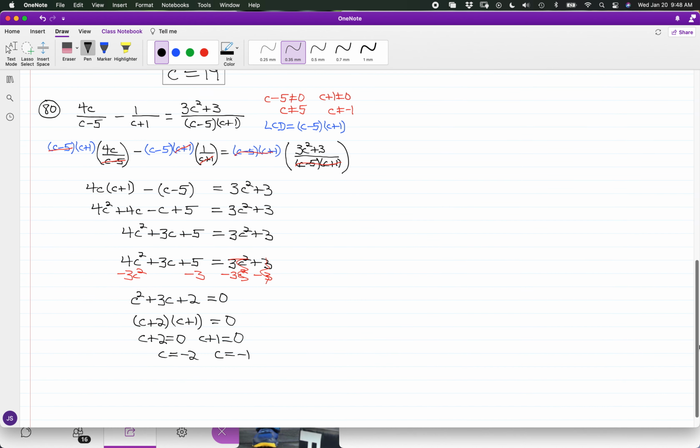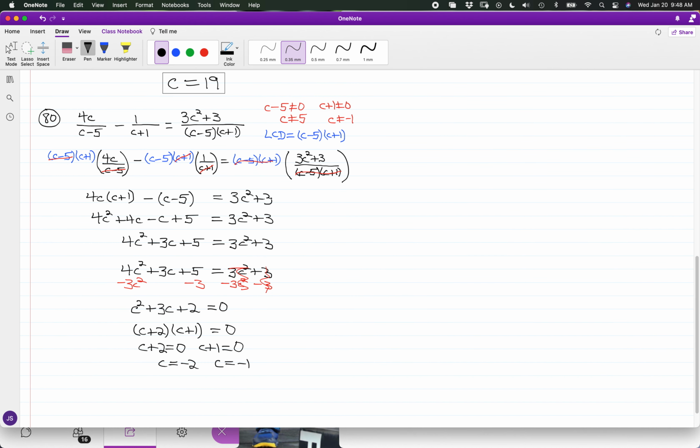Looking at the setup, for C at -2, that's not equal to 5, and it's also not equal to -1, so everything in the stipulations is satisfied with -2. However, with -1, the stipulations say that C cannot be 5 and C cannot be -1, and if you notice, we have a violation.